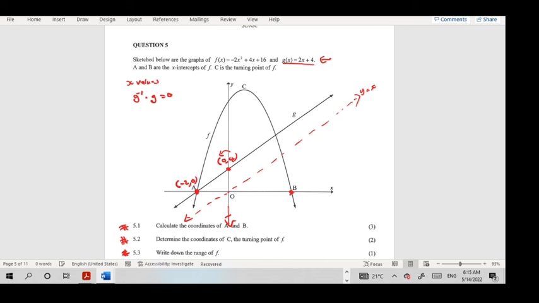I know my straight line is not straight, but this would be our inverse, g inverse of x. Here it's going to be 4 and 0, and then it will pass through a point here. So if it's here, it's -2 and 0, and here it's going to be 0 and -2.